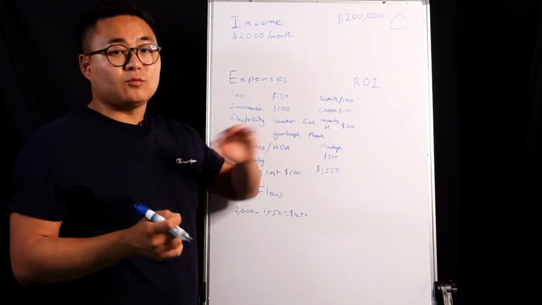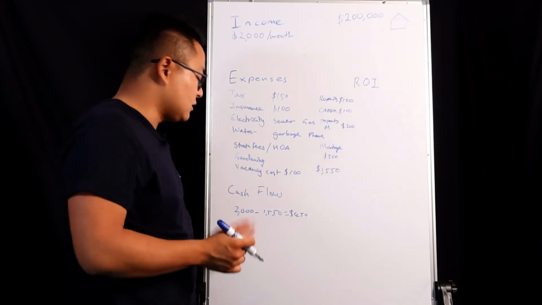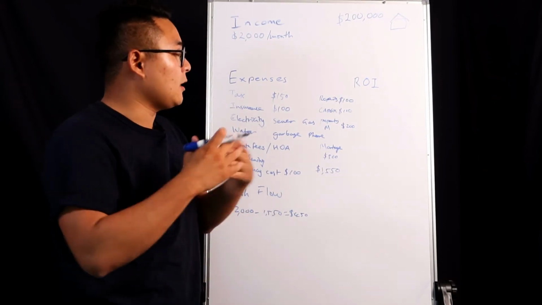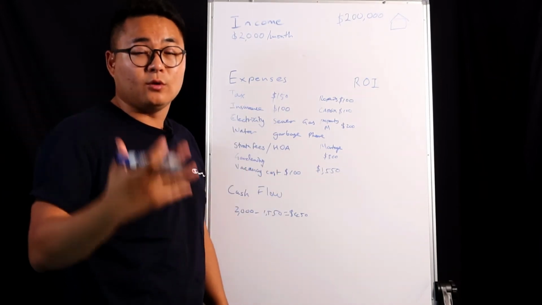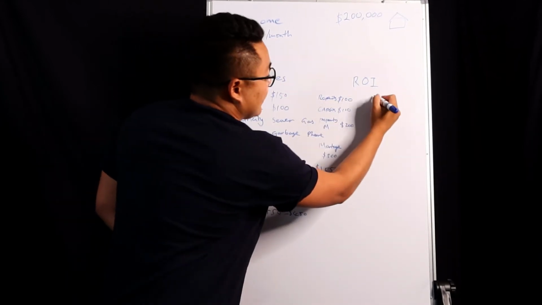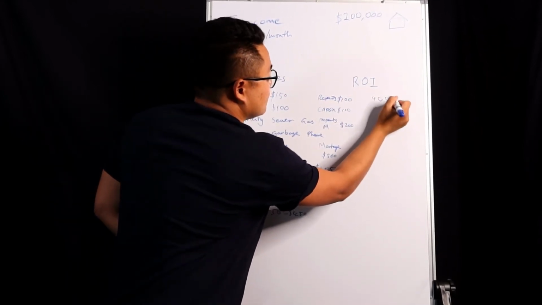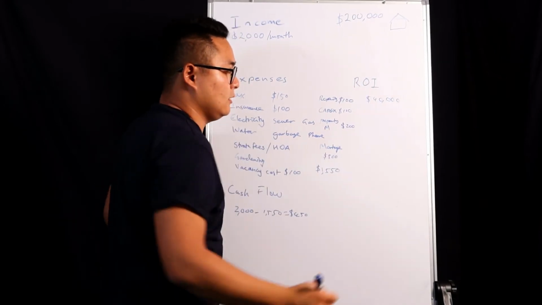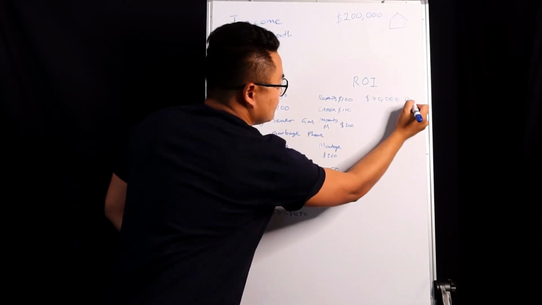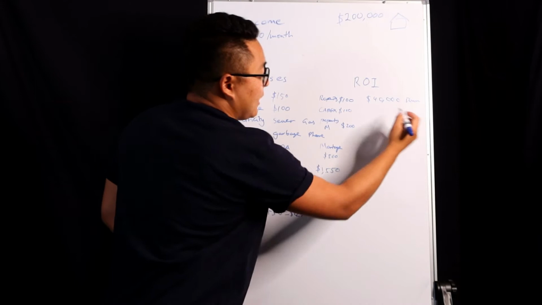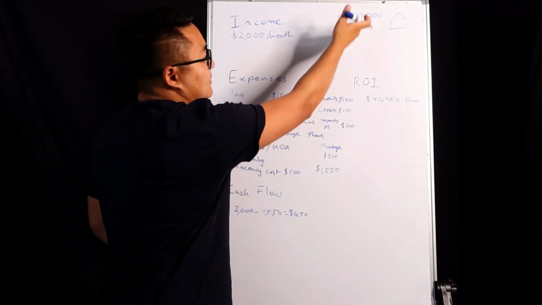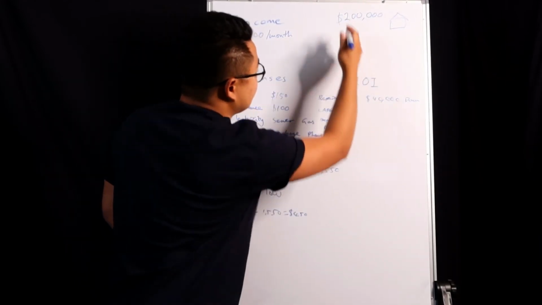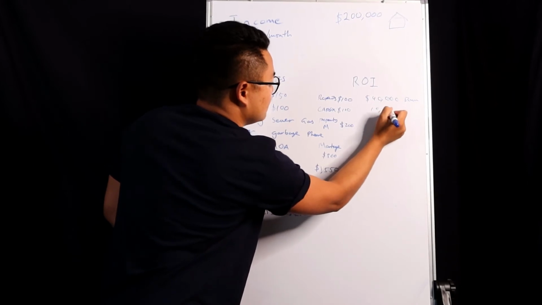Okay, now, what is the return on investment for this particular property? This is based on the amount of money that actually goes into owning your property. Let's say at the beginning you put $40,000 as a down payment. Then you're going to pay another 5% of the price as your closing costs, so let's say that's about $10,000.